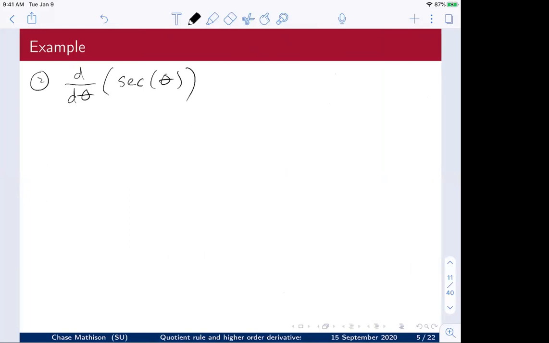Well, how am I going to do this one? How is this related? I'm doing a review of the quotient rule here. How is this related to the quotient rule? Perfect. Yeah, this is the same thing as the derivative with respect to theta of 1 divided by cosine of theta.